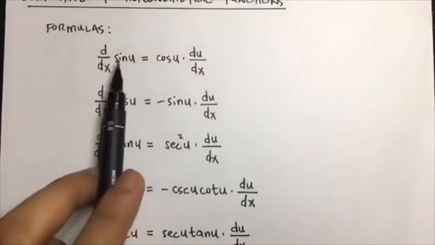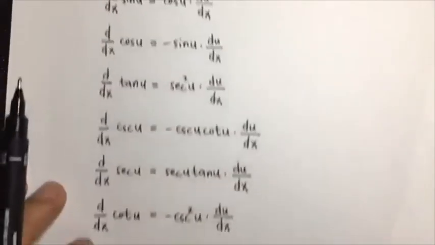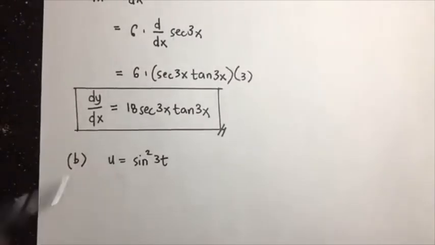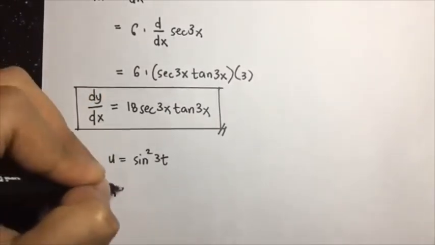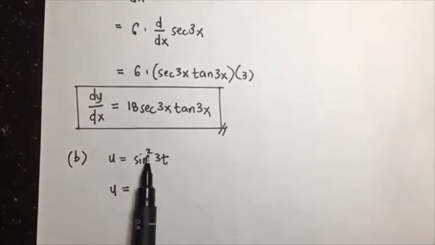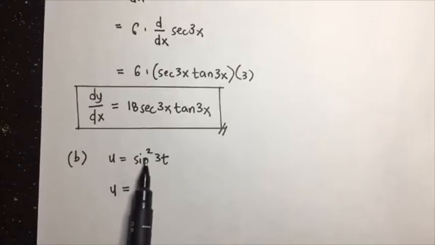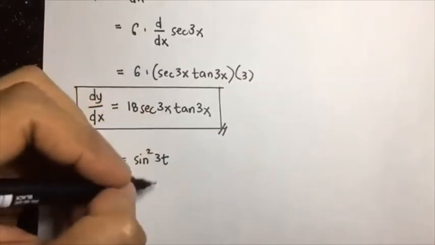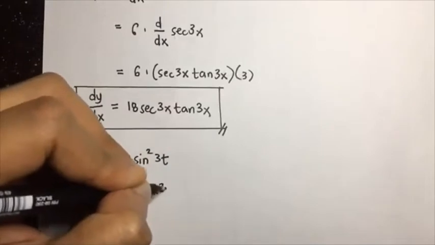What we only have is the derivative of sine, but not sine squared. For this problem, we will be using the general power formula. To avoid confusion, let's emphasize the meaning of sine squared 3t: it means sine of 3t, squared.